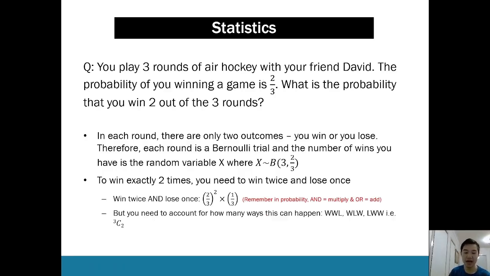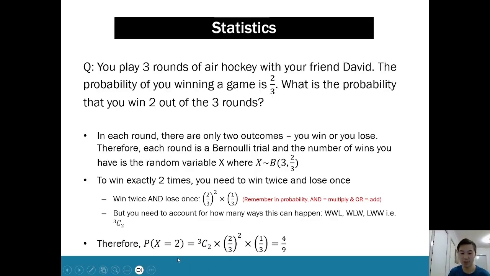However, you also need to account for how many ways this can occur, how many combinations of winning twice and then losing once. You can win the first 2 and then lose. You can also win, then lose, then win, or you can lose, then win, then win. To account for that, we do 30 choose 2, which accounts for all of these ways we can win twice, then lose once.